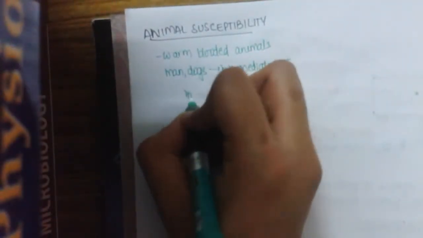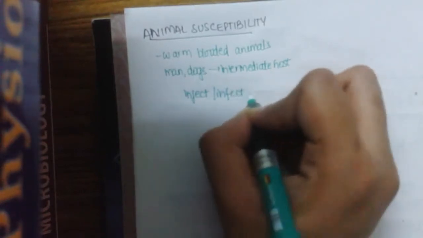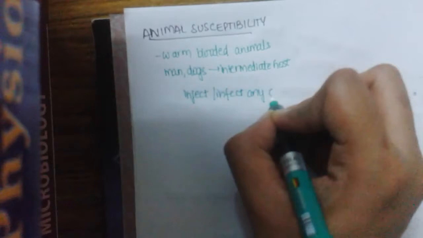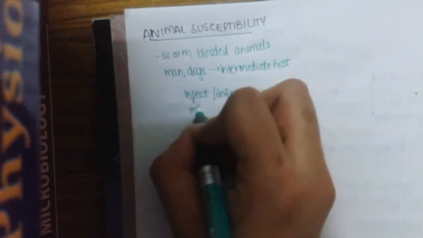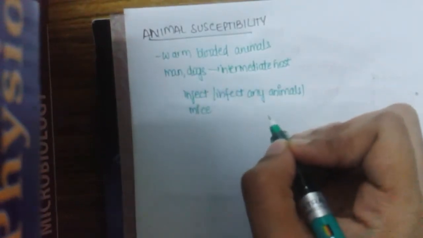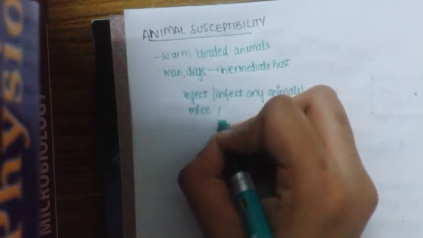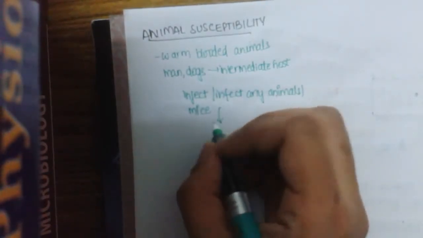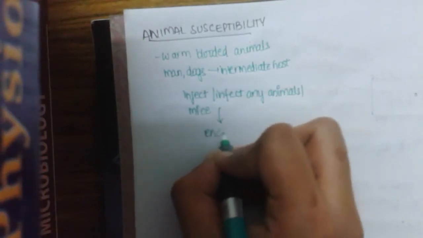If we inject or infect any warm-blooded animal, on what will we do experiments? It's probably mice. If we inject or infect an animal, especially mice, then this most probably leads to encephalitis.